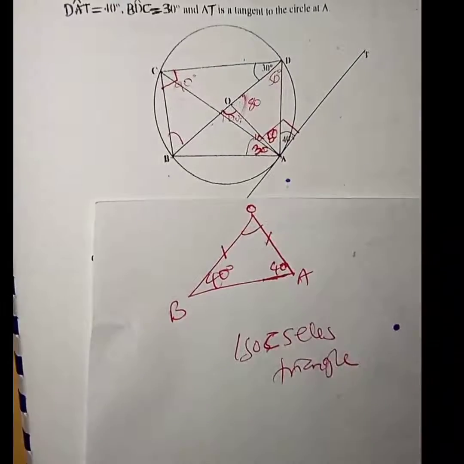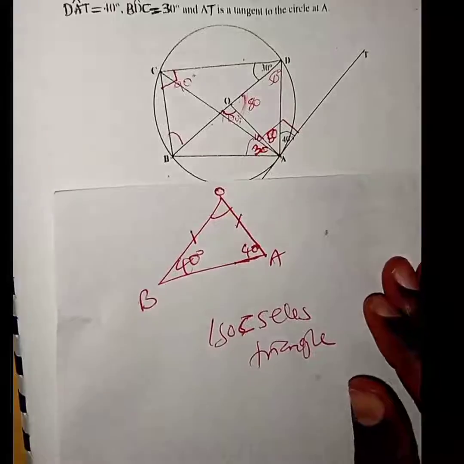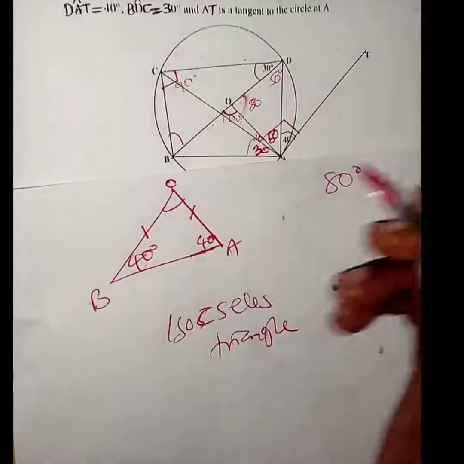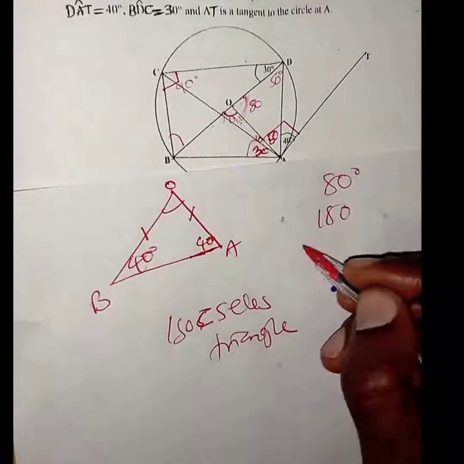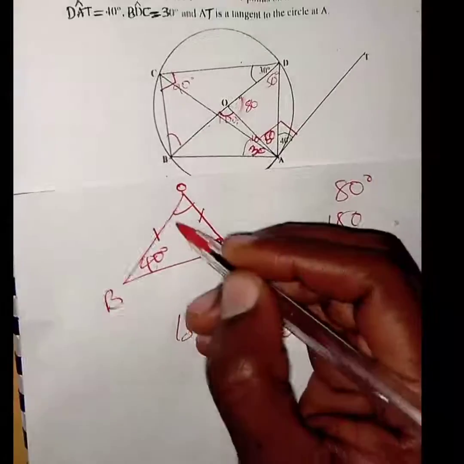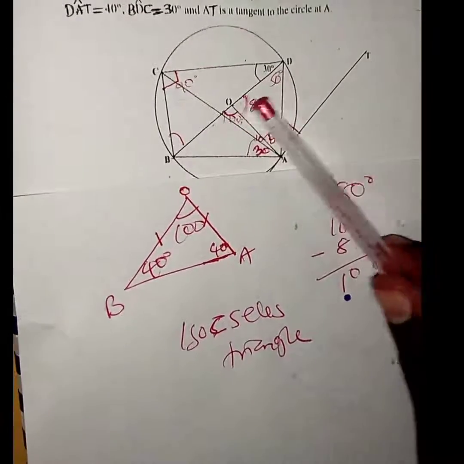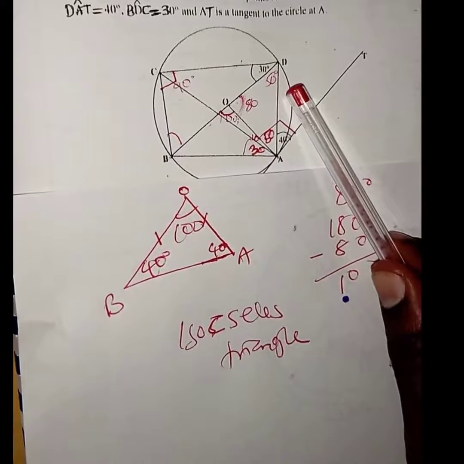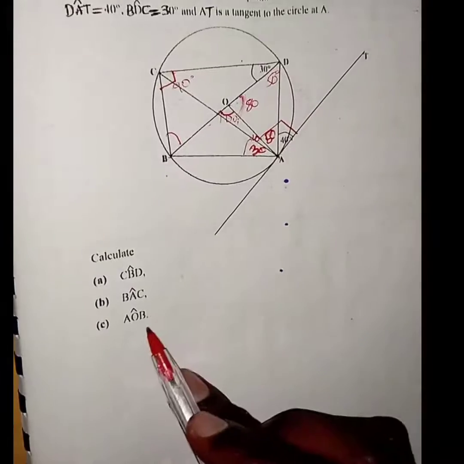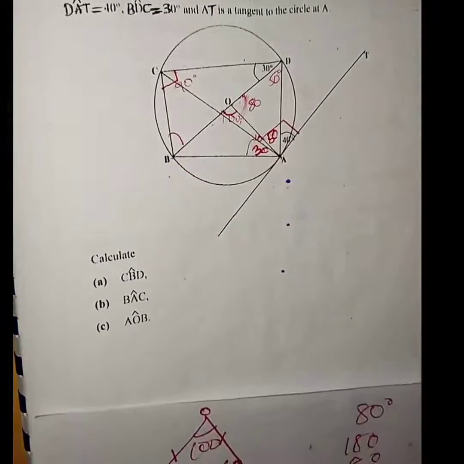What about this angle here? Angles in a triangle add up to 180. So you do 40 plus 40, it is 80 degrees. Then you do 180 minus 80 degrees, you get 100. So here is 100 degrees, just like we found earlier by using that triangle. So angle AOB is 100 degrees like we found earlier.